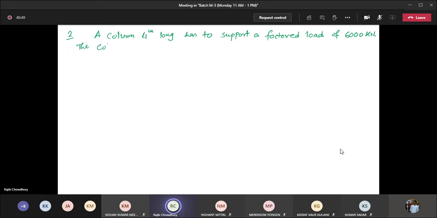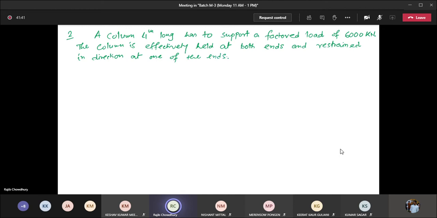The column is effectively held at both ends and restrained in direction at one of the ends. So design the column.